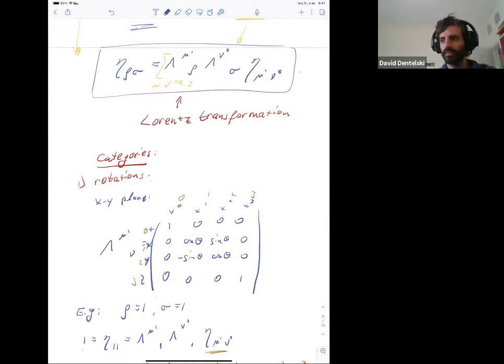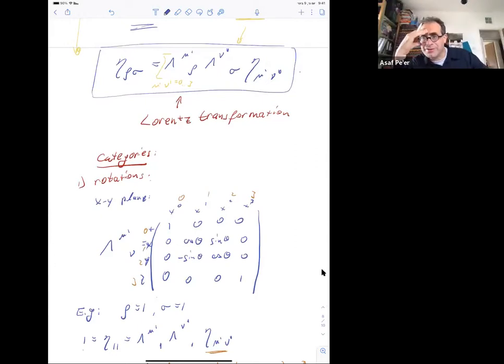It's 16 equations in the abstract case, but you can just do matrix multiplication and get everything very fast. But this is the mathematical definition of the Lorentz transformation. The notation is completely abstract, but this is essentially the definition of a Lorentz transformation.